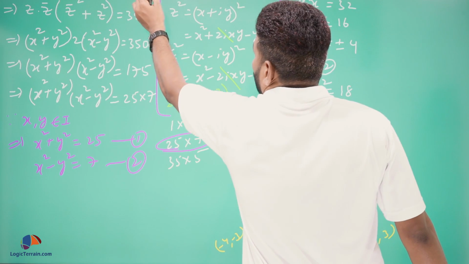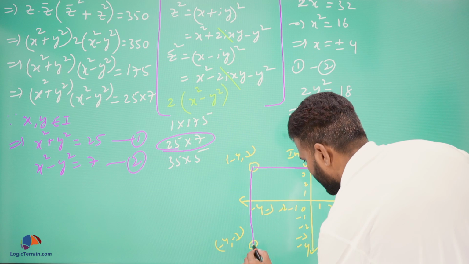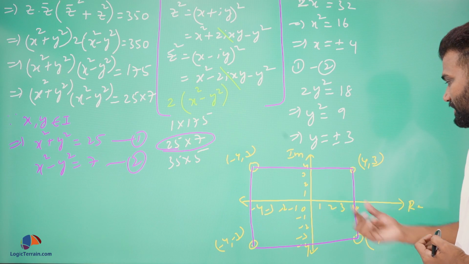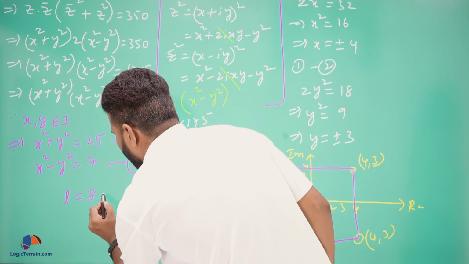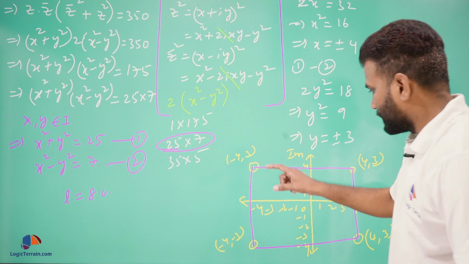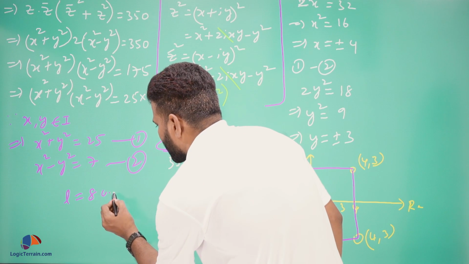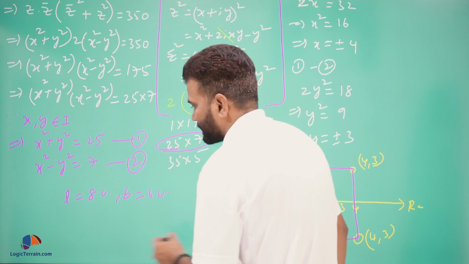When we join these points, we get a rectangle whose length is 4 units plus 4 units, so length L equals 8 units, and whose breadth is 3 units plus 3 units, so breadth B equals 6 units.